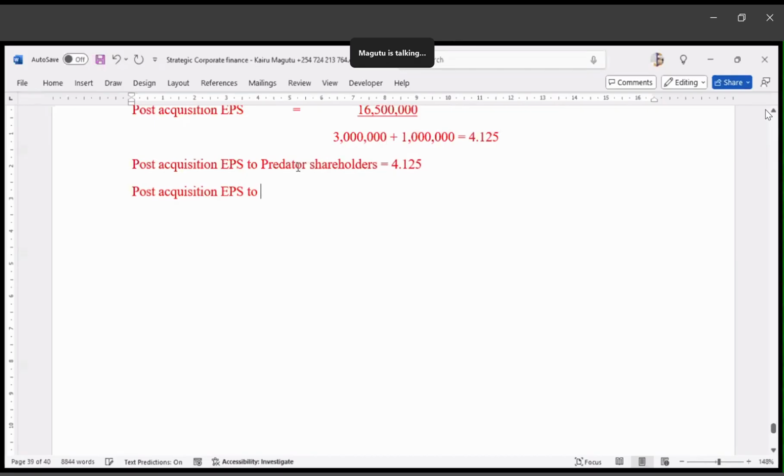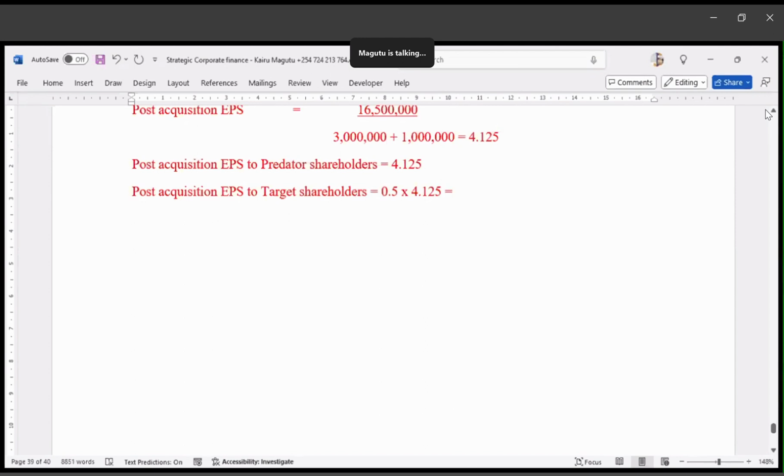So here we say to the target shareholders is equal to exchange ratio of 0.5 multiplied by 4.125.